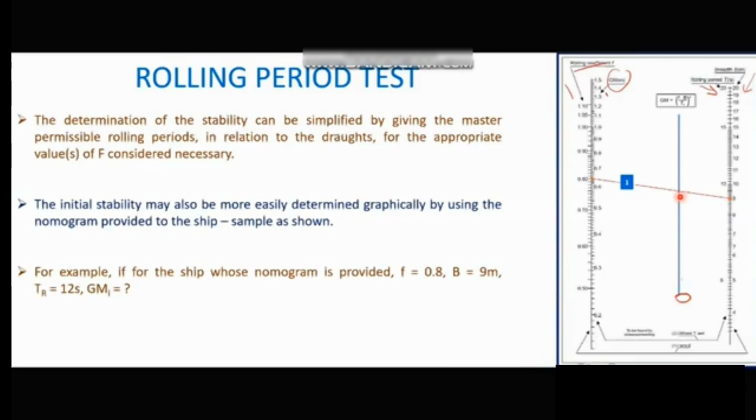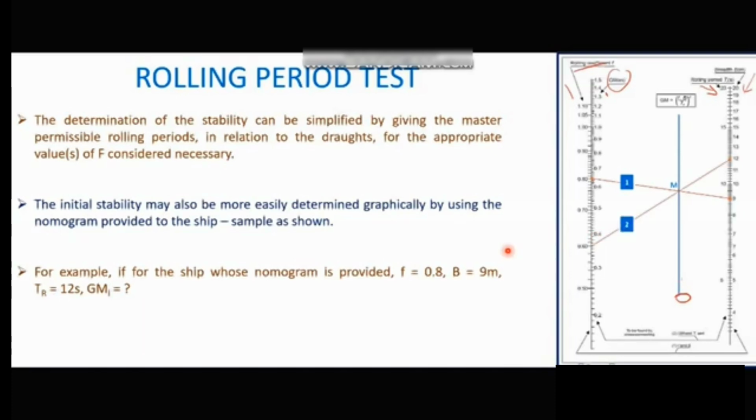Now, what is it that we have not used? We have not used the TR. Now, TR is here. This is the scale for TR. Mark 12 seconds on the TR scale. Now, join this 12-second TR marking with M and allow it to be extended to meet this axis. Like this.